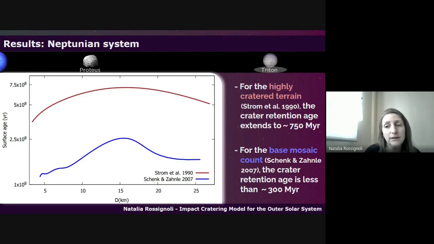Or maybe Triton was not there 300 million years ago and was arriving to the system, but we are not sure when Triton was captured, if it was captured at all. Those are all possibilities, but that kind of measurement gives you a constraint on how long the satellite has been here without major resurfacing processes that can erase the larger craters.